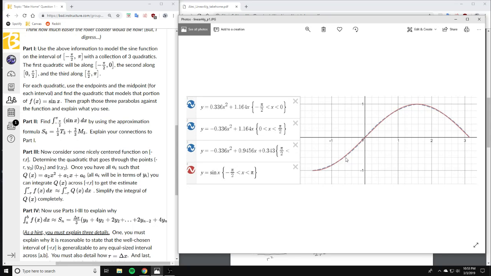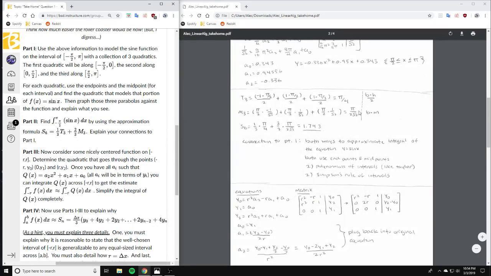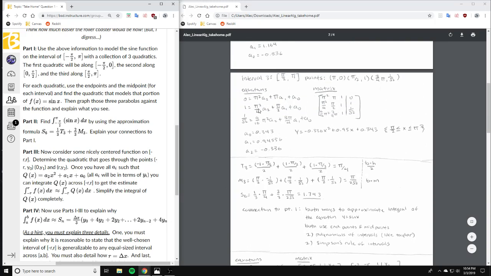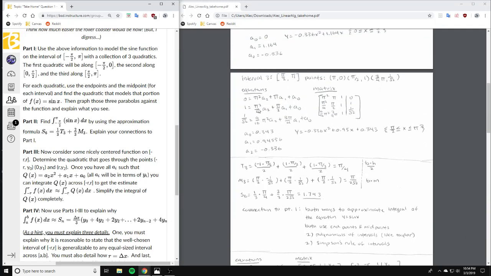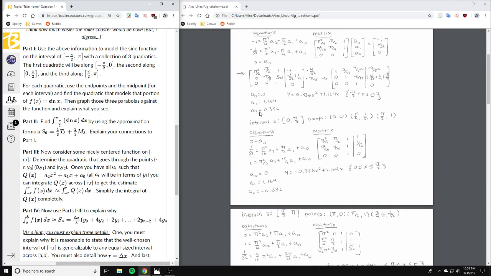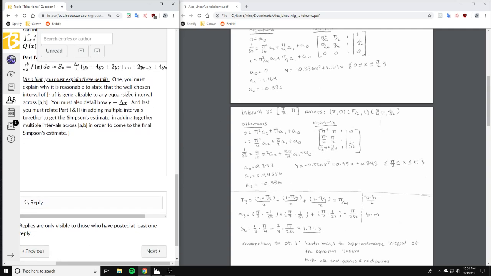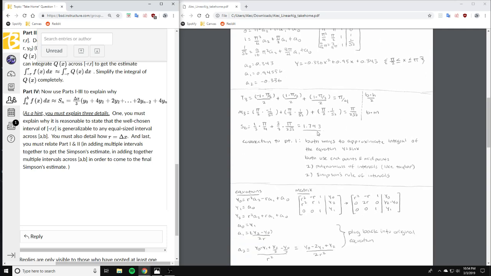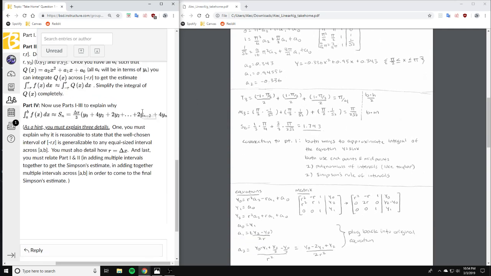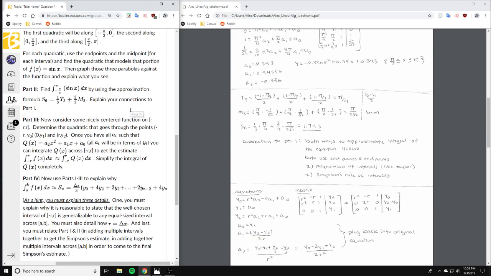The dotted blue line, as you can see, is extremely close to the red line, and that is because we took 2 endpoints and the midpoint and created a quadratic that is extremely similar to, pretty much, remember, we took these points, and we used these points in order to find the coefficients of our quadratic. So it makes sense that it is very close to our original function.